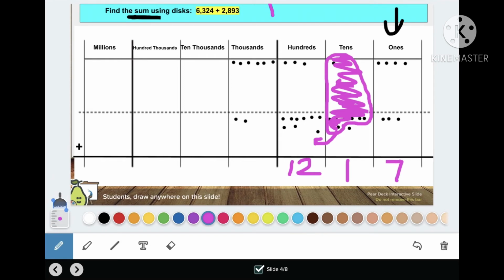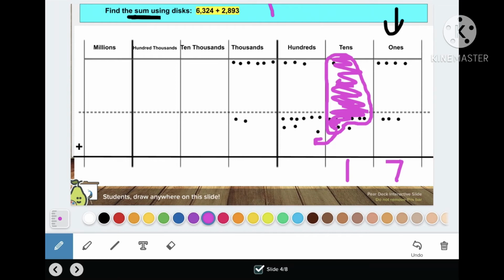But can I have 12 in one place value? No, that's crazy. What do I need to do? That's right, bundle. Remember, a bundle is a group of, yeah, it's a group of 10.